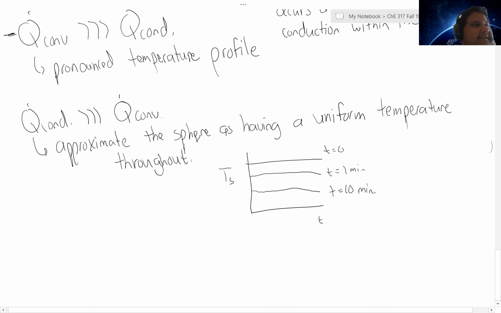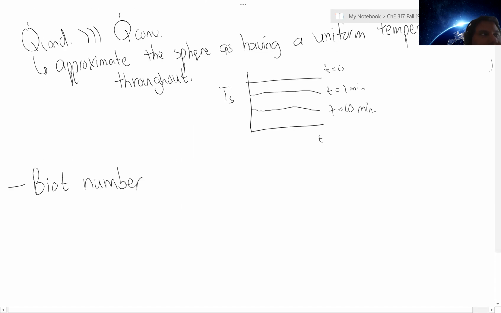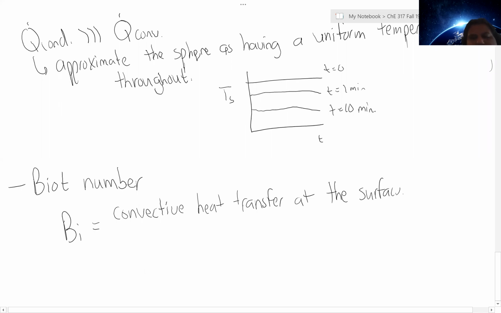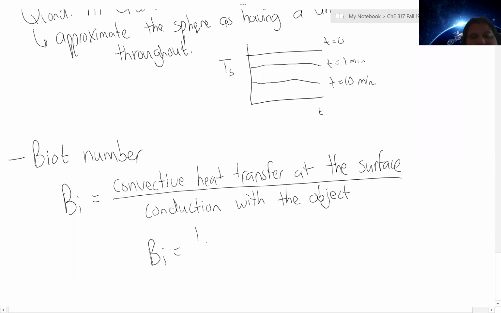And how we can relate the conduction as compared to the convection is through use of what is known as the Biot number, where the Biot number is a rate comparison of the convective heat transfer at the surface of an object over the conduction within the object, which we can calculate as h times L_c over k, where L_c is the characteristic length.